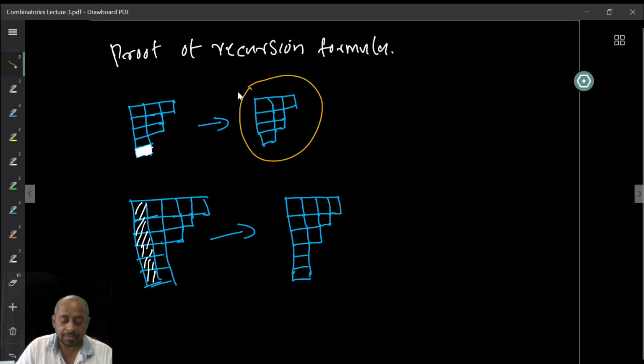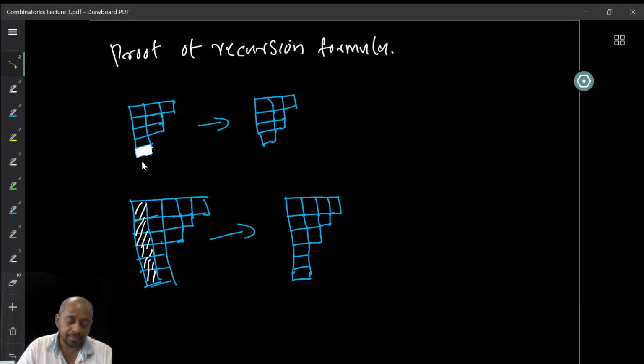Now, what is the property of this picture? This picture is a partition of n minus 1 because the area has reduced by 1 because I removed one unit cell. And the number of parts was reduced by 1 because I removed one row. And therefore, this represents a partition of n minus 1 into k minus 1 blocks. Now, if I have any partition here, I can just add one at the bottommost part of the first column, and I will get a partition here where the last row is a single cell. So therefore, there is a bijection.